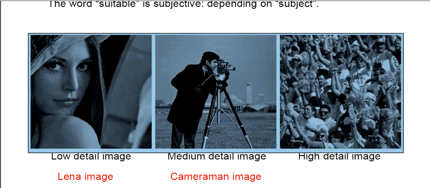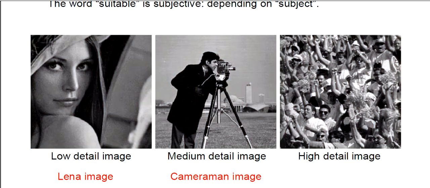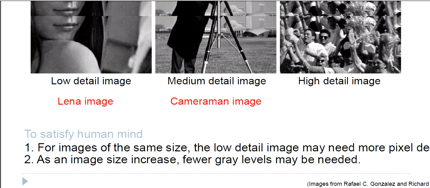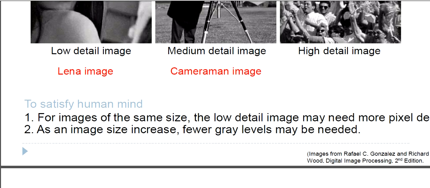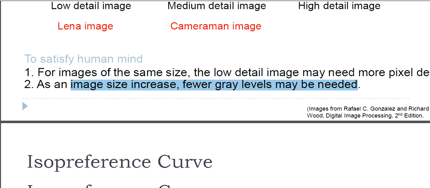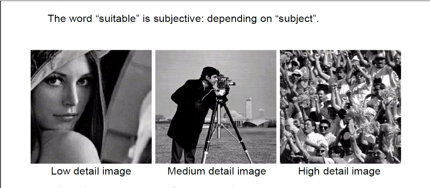Then this is the high detail image, with many objects, and to find a particular person we have to go through each of them very carefully. To satisfy the human mind, for images of the same size, the low detail image may need more pixels, and as image size increases, fewer gray levels may be needed. Clear? So the number of levels with respect to human perception is subjective, depending on the subject.